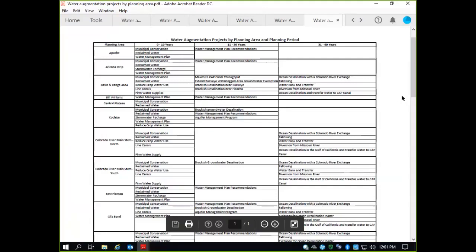And then task 4 would be more what you were just describing, Maureen, of the evaluation of desal, so essentially doing the fact sheet for desal, and the fact sheet for considering the availability of outside Arizona river basins, and that would be the next steps, and then we'd be done. Is that what you were asking? I just want to make sure we're all talking about the same thing.